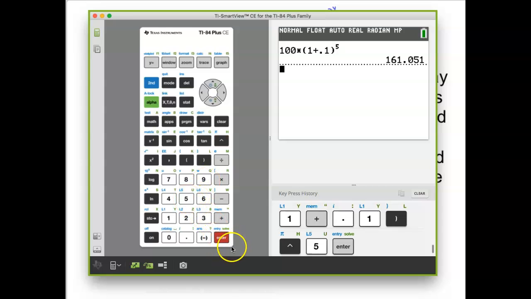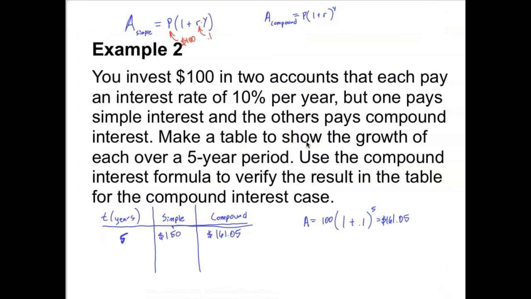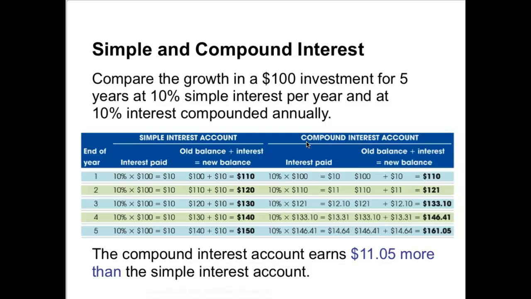And there we go, 161.05. Right, let's keep going. And that's just, once again, the example of the table we kind of just built in our calculator.